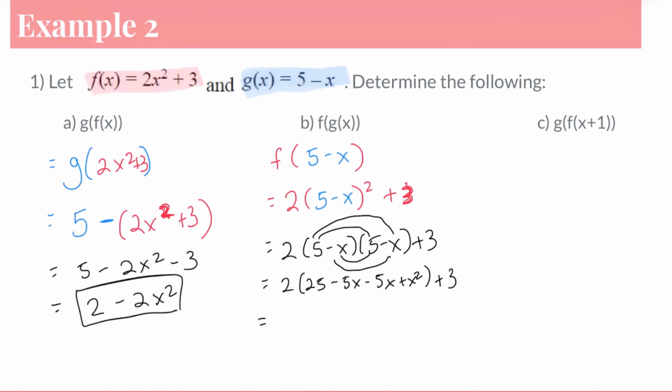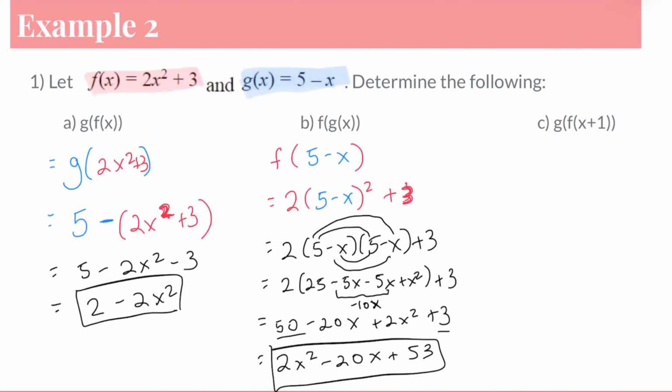I know that these combine to be negative 10x. So I'll just write that negative 10x there. Distributing my 2, I have 50 minus 20x plus 2x squared plus 3, and then I can combine 50 with 3, and I'll write it in the proper order. So this is 2x squared minus 20x plus 53.